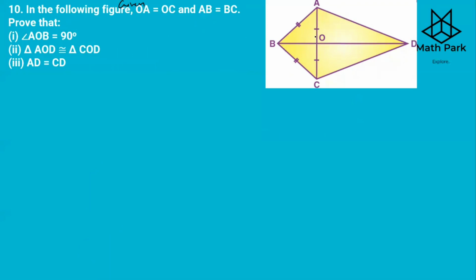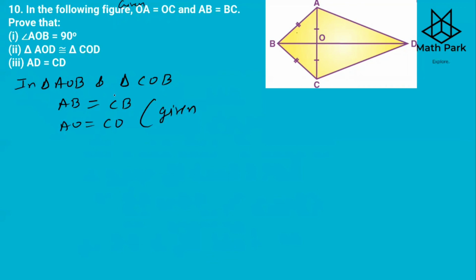So first part, since we have to prove this is 90 degree, first let us prove these two triangles congruent. So we say in triangle AOB and triangle COB, what all things you have? You have AB is equal to CB is given. Also you have AO is equal to CO. These two things are given to you.